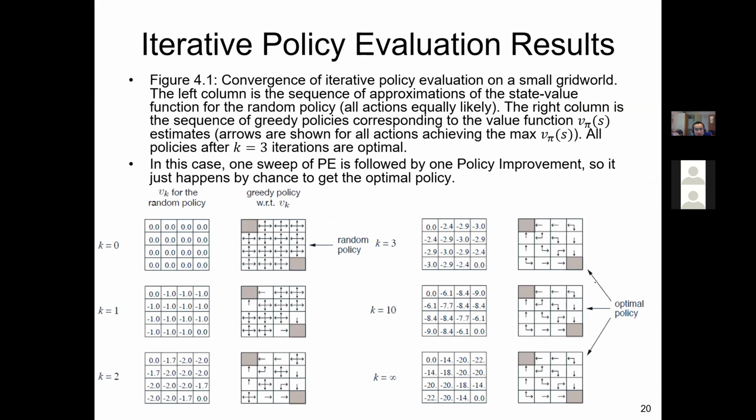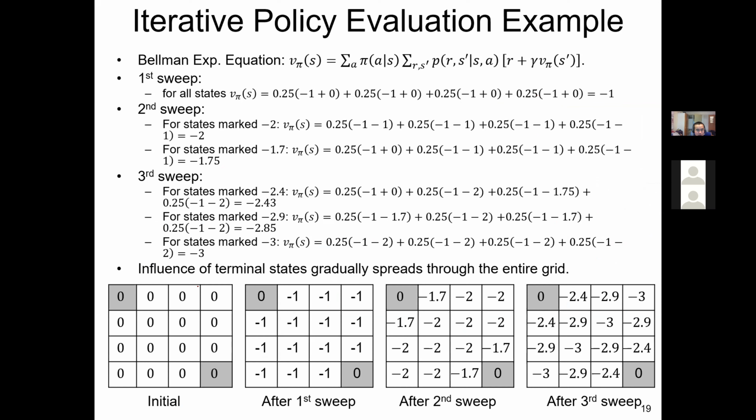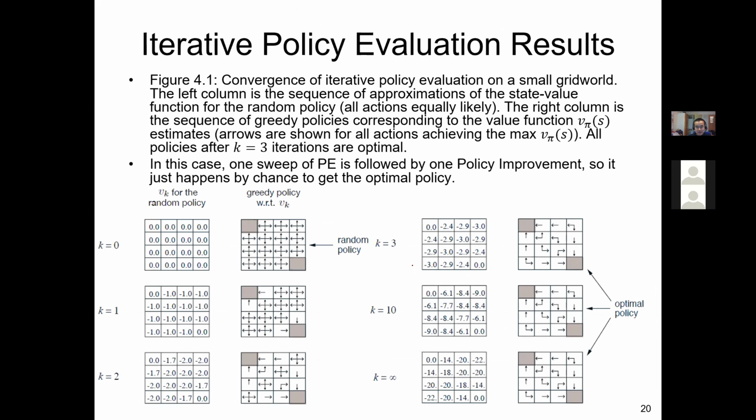So the result of policy evaluation: we showed the steps, the first 3 sweeps. They call it a sweep. So every sweep, you recompute the value function for every position, every state on the grid, on the small grid world. So after 3 sweeps, you get this set of value functions.